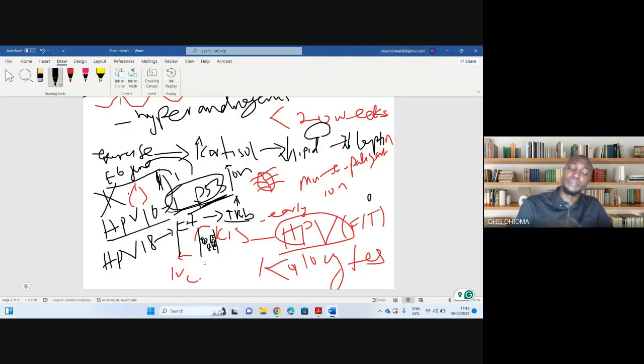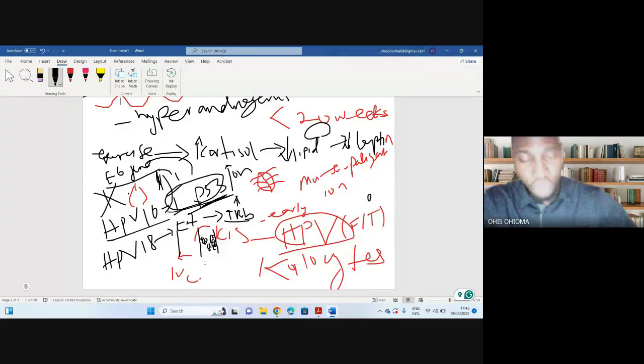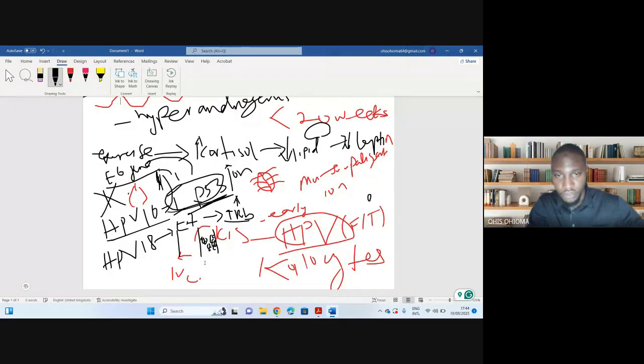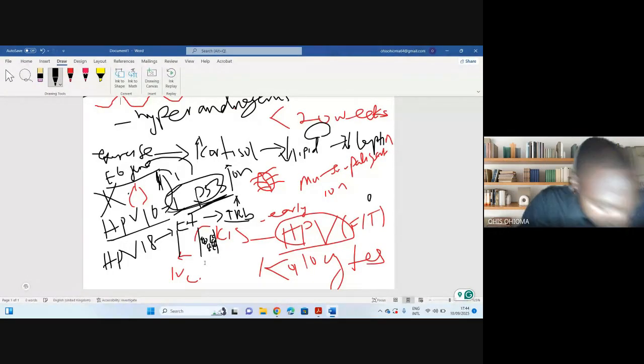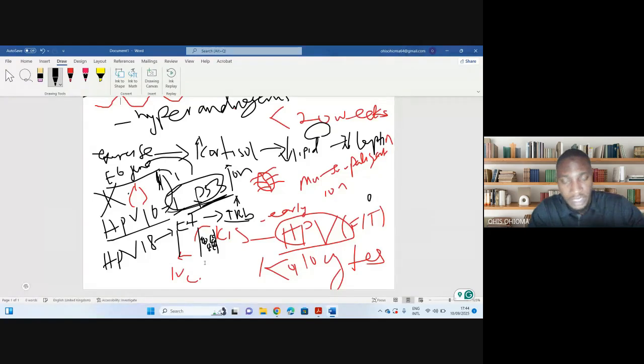And so the major treatment for this disease condition is actually surgery. Surgery is the definitive way. So you do a total abdominal hysterectomy with bilateral oophorectomy. That's the definitive management, because there's no uterus, there's no cervix, basically. There won't be cervical cancer. So you do that for the patient.